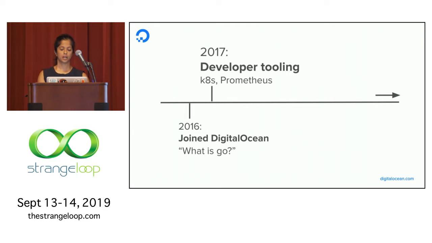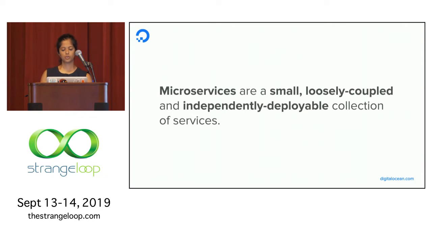I also worked a lot with Prometheus, which is a pull-based monitoring solution that's become very popular as well. Through these experiences, I also saw DigitalOcean breaking down its monoliths into a bunch of microservices, meaning these small, loosely coupled, very easily deployable pieces of code.